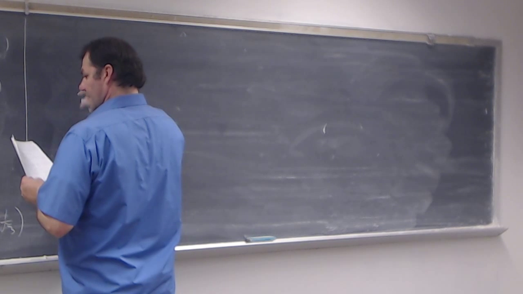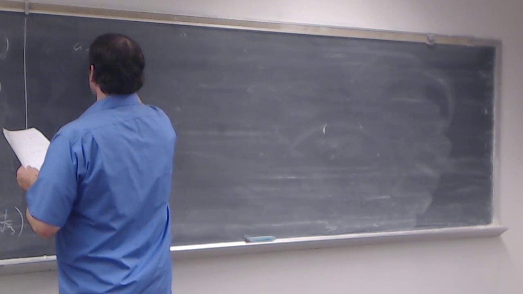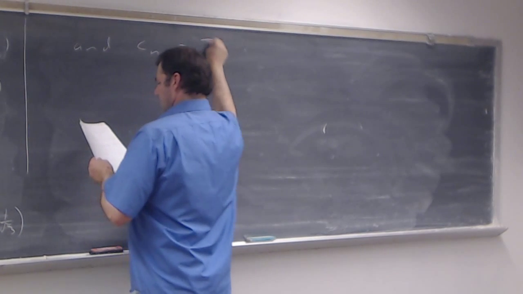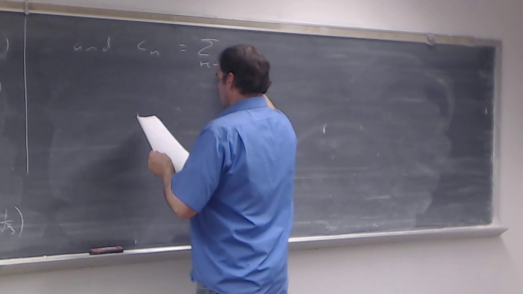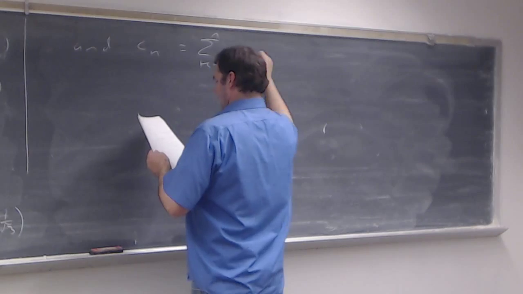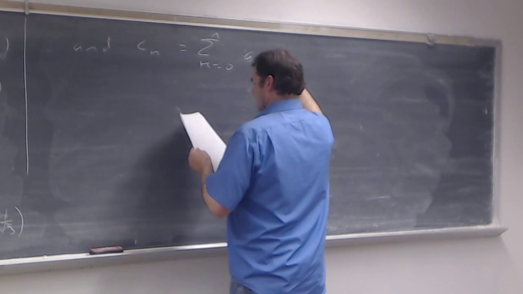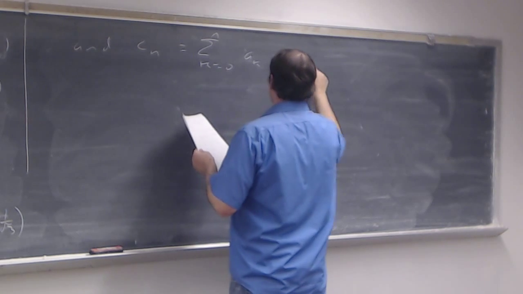So it goes on forever. Well, first of all, c sub n is equal to this sum as k runs from 0 to n of a sub k times b sub n minus k.